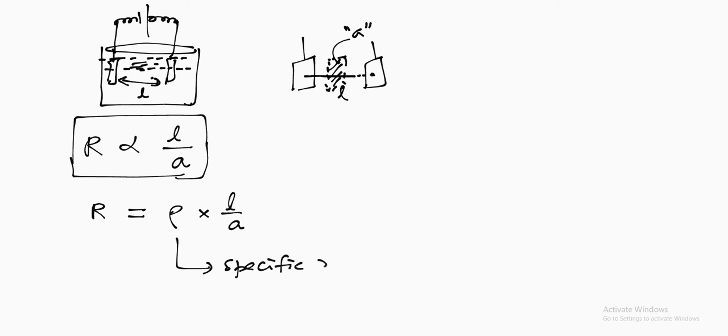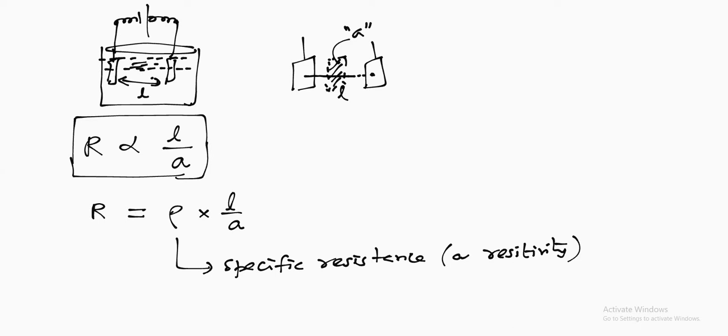Some people call this resistivity also. Specific resistance, also called resistivity. It is basically a proportionality constant.